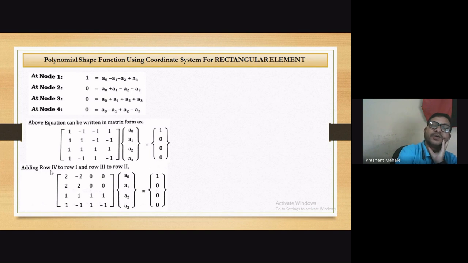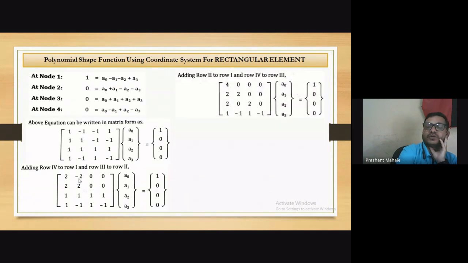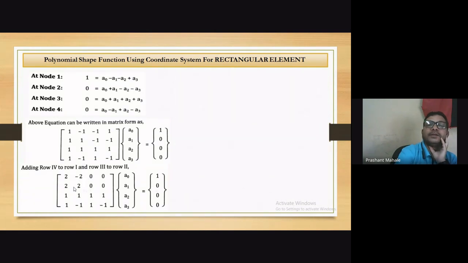What is that step? Row 4 added to row 1. What is row 4? This is row 4. If it is added to row 1, row 1 comes out to be 1 plus 1, 2, minus 1, minus 1, minus 2. Then 1, minus 1, 0, minus 1, 1, 0.